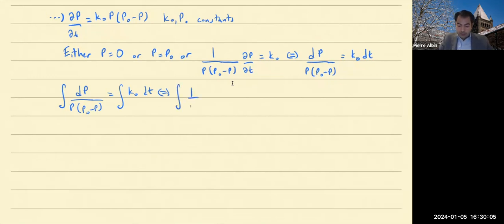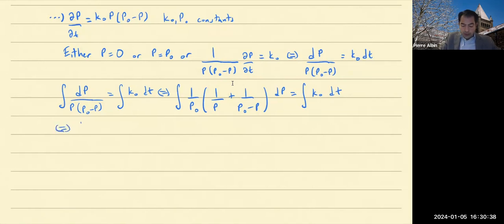If you stare at that, you will find that 1 over p plus 1 over p naught minus p, all of that times 1 over p naught, gives you 1 over p times p naught minus p. So that's going to be the same as the integral of k naught dt.